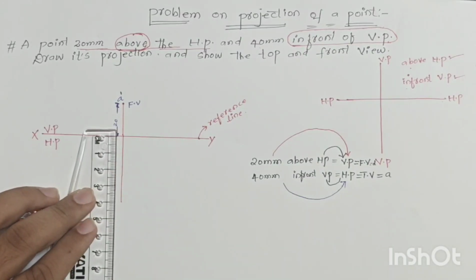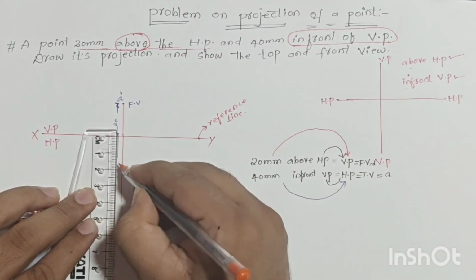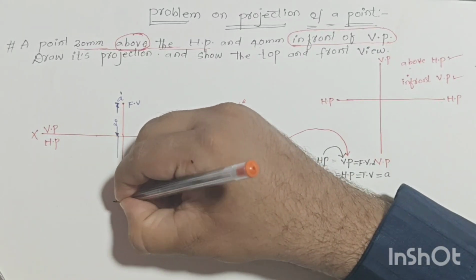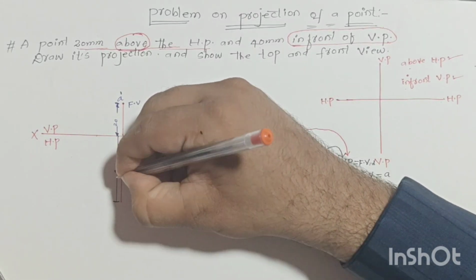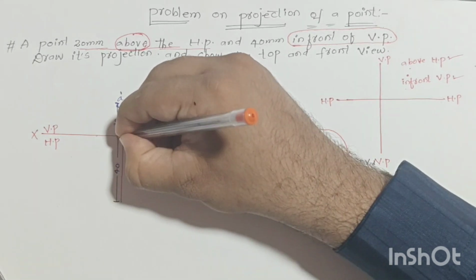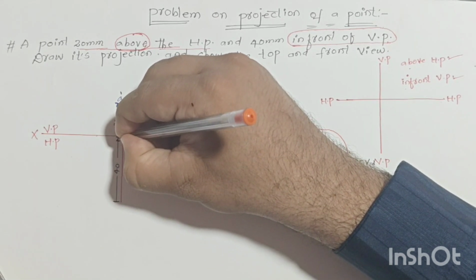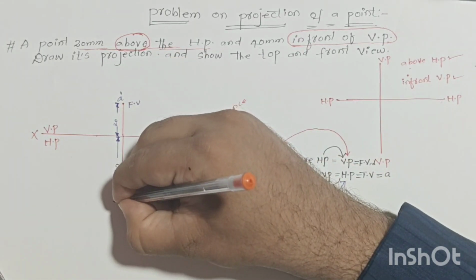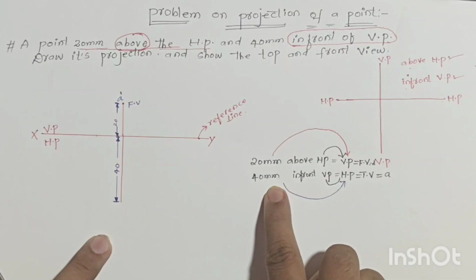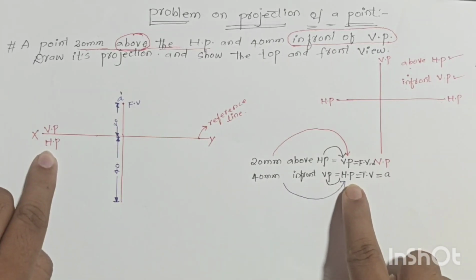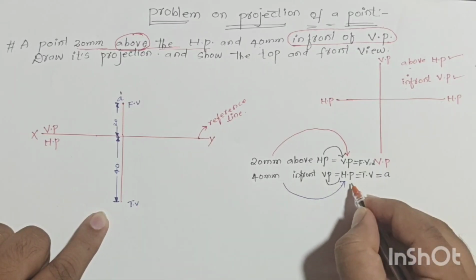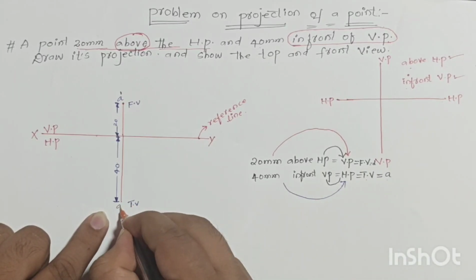And meanwhile show the dimension, 40 millimeter. Clear? So 40 is resting here on HP. HP is the top view. The top view is represented as the point A.